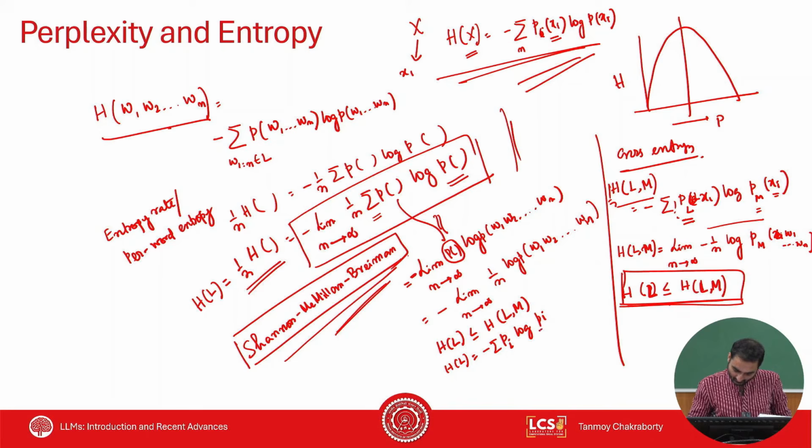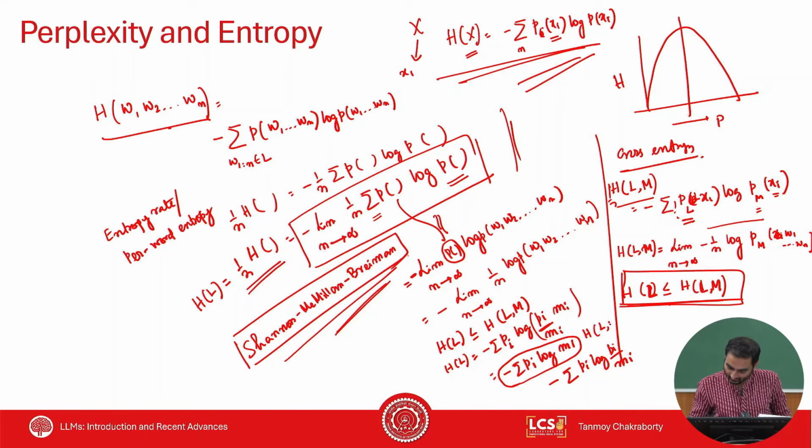If you replace Pi by Mi times Pi by Mi, so minus Pi log of Mi minus Pi log of Pi by Mi. What is this? This is cross entropy. This is H of L comma M.